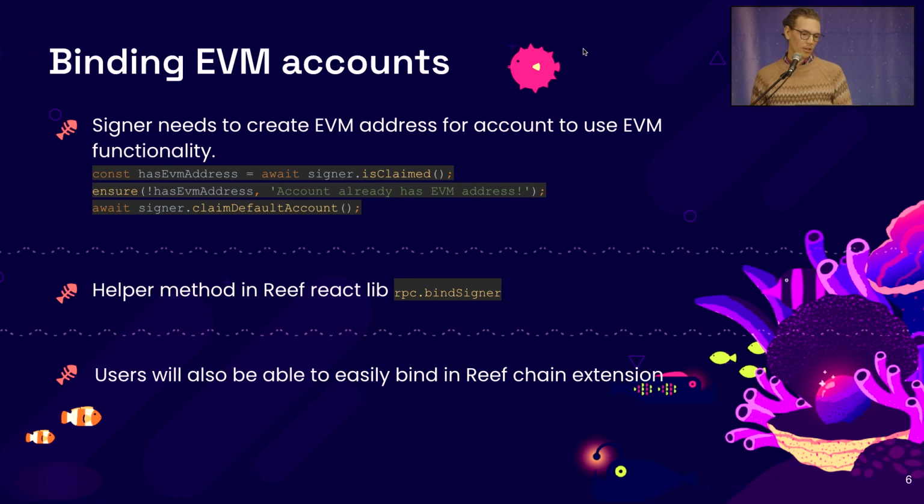We also provide helper methods inside the library, so it's easy to bind. We also have a plugin, I mean a browser extension, and users can also bind their accounts over there. But that's the thing they have to do to use the EVM contracts.